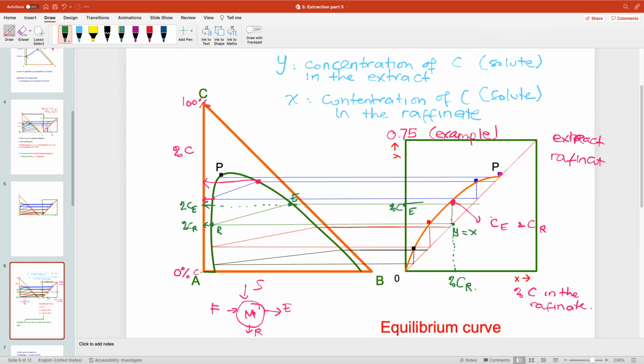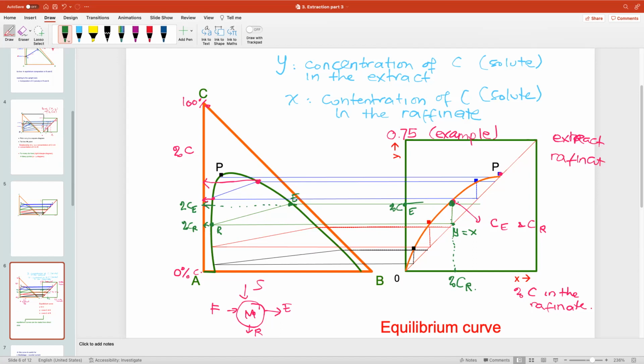The ordinate, the vertical one, is for the extract, and the horizontal one is for the raffinate. When you combine them together, it becomes one dot. How about that?